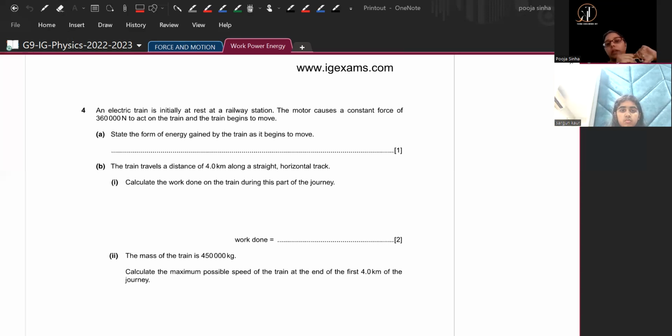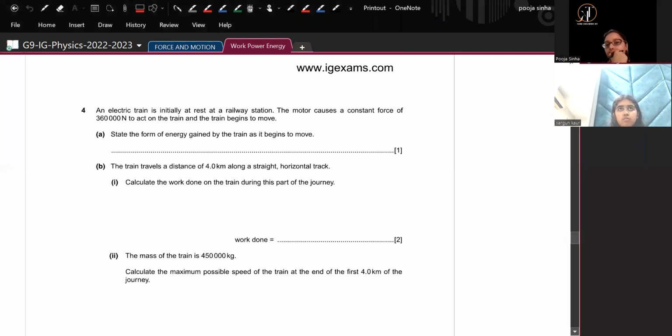Work done, you said, is what? Force into distance. Okay. What else? और क्या है? Work done कितना होता है usually in terms of energy? So work done is equal to energy transfer.